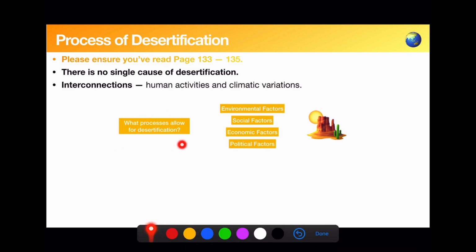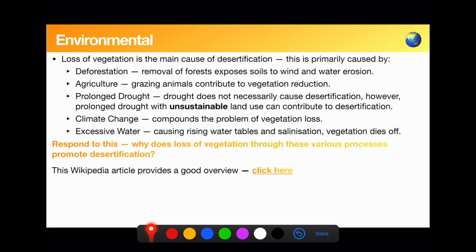So we can branch them off into four different factors that create these deserts. We've got our environmental factors, our social, our economic, and our political factors. They're very simple and very easy to remember.